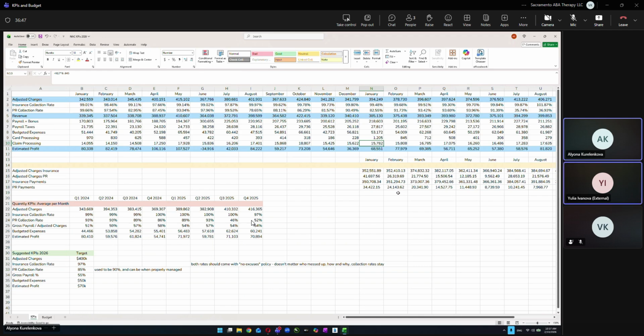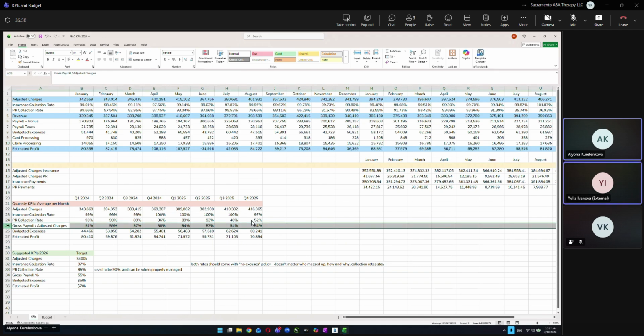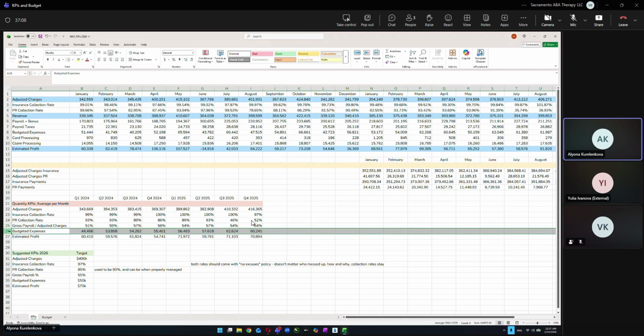Okay, yep. But where I'm going with all of that, and these are all great questions, is that after you remove the payroll, because it's sitting here as a KPI, and you remove the billing for card processing and claim processing, because it's sitting here in the percentages, you get your budgeted expenses, which are expenses for things that she bought during that month.